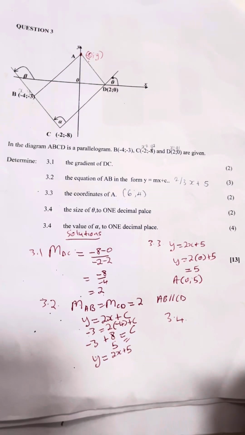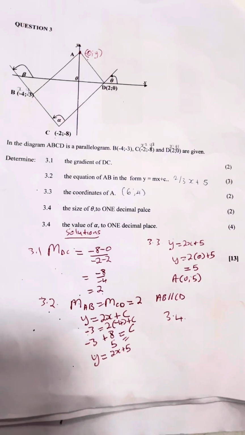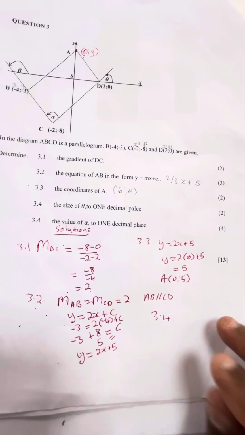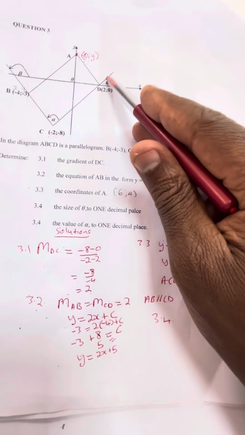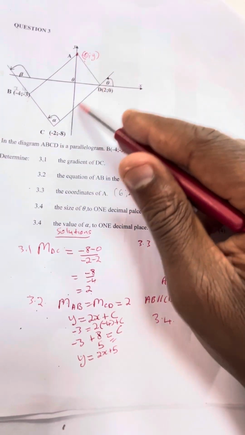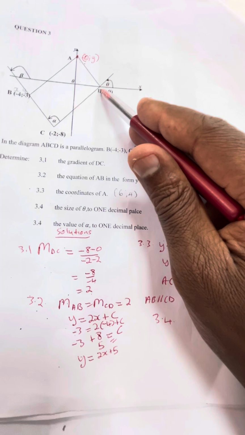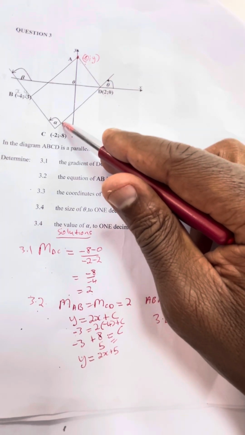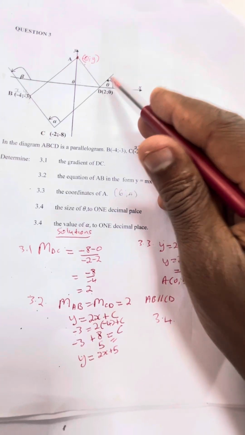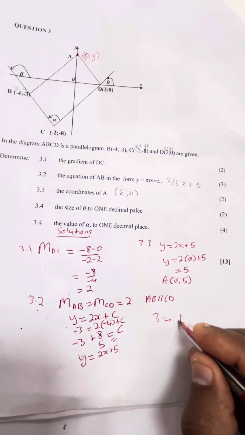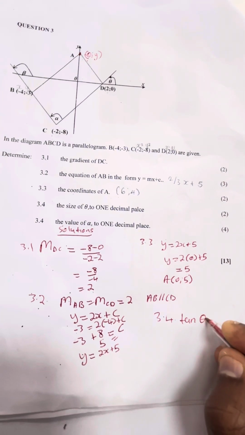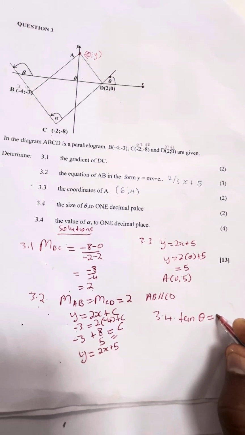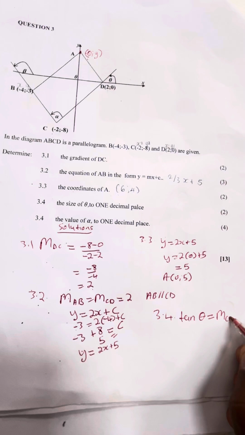3.4, they are saying, determine the size of angle theta. The size of angle theta here is the angle of inclination of the line CD or DC, okay? So we're going to use the gradient that we got in question 3.1 to determine theta. So tan theta from the angle of inclination is equal to the gradient of CD.